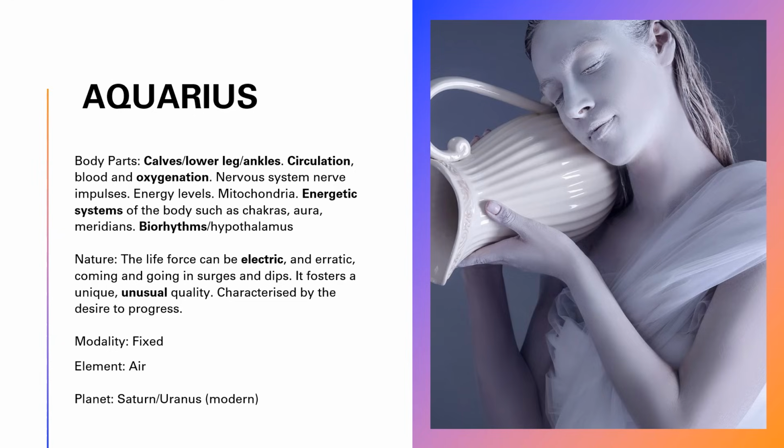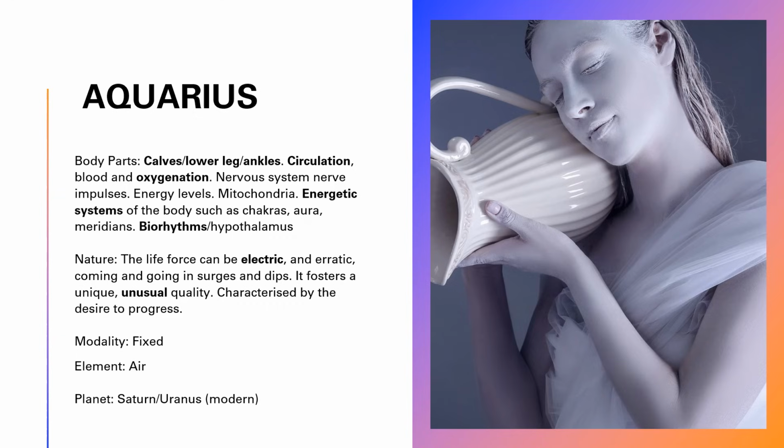So Aquarius, we're really looking at that part of the autonomic nervous system that moves the blood through the body, right? So when Aquarius has issues, there can be lots of swelling of, say, the lower ankles because circulation isn't good, or the venous circulation isn't good. Oxygenation of the blood.